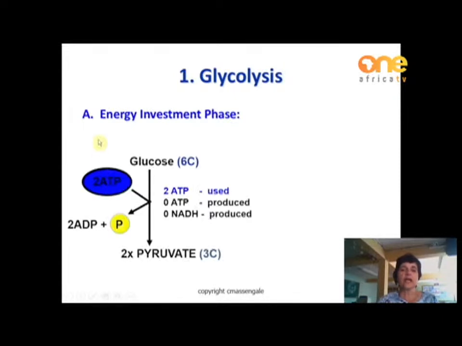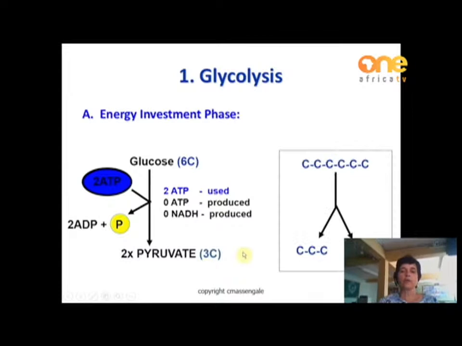Of course, in order to break down the glucose into 2 pyruvate molecules, the 6 carbon molecule is now broken down into 2 three-carbon molecules.